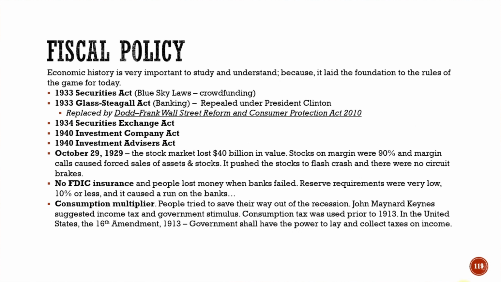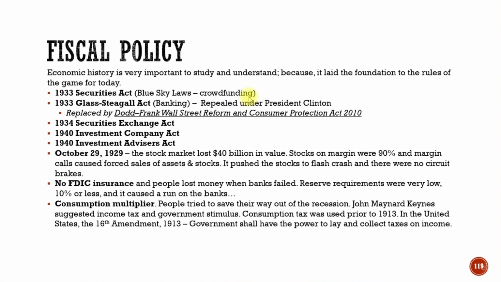To understand fiscal policy, we also have to understand the rules of the game. When it comes to investment, several regulations have stayed intact since the Great Depression, such as the 1933 Securities Act, also known as Blue Sky laws, which deals with crowdfunding.